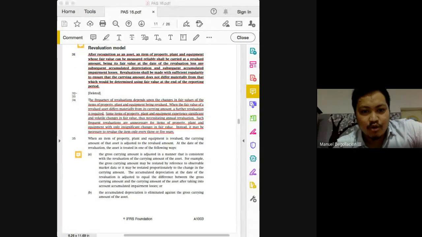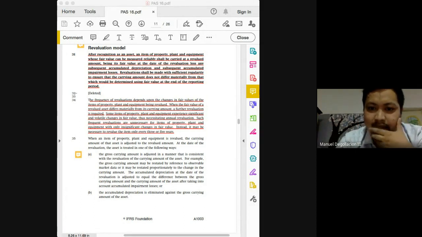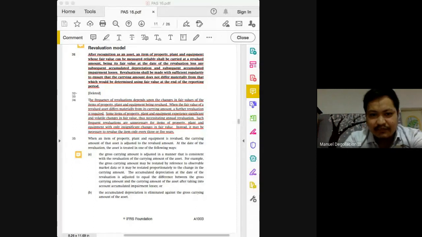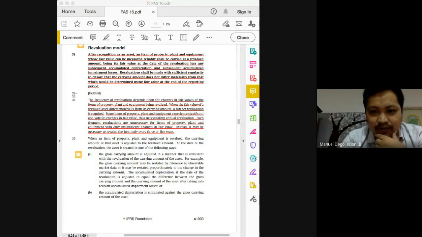If we go over paragraph 34, the frequency of revaluations depends upon the changes in fair values of the items of property, plant, and equipment being revalued. When the fair value of a revalued asset differs materially from its carrying amount, a further revaluation is required. Some items of property, plant, and equipment experience significant and volatile changes in fair value, thus necessitating annual revaluation.